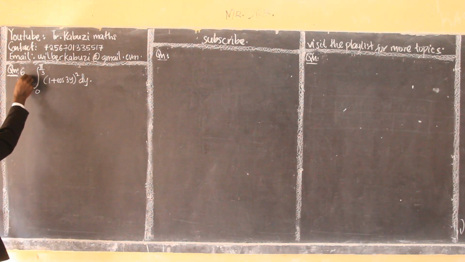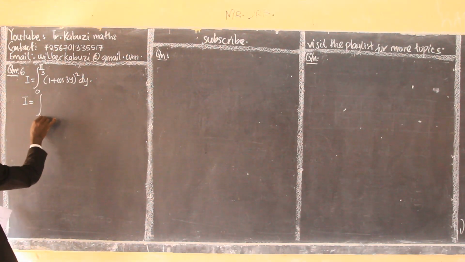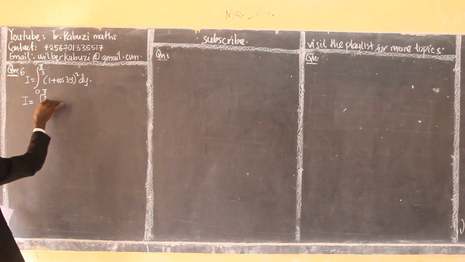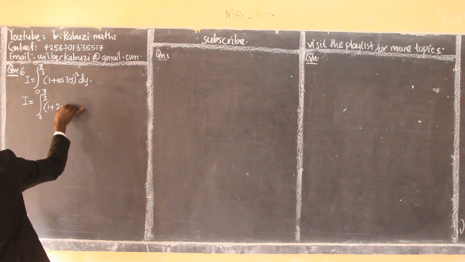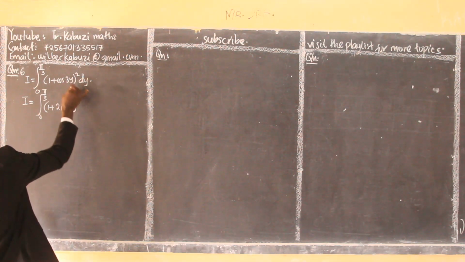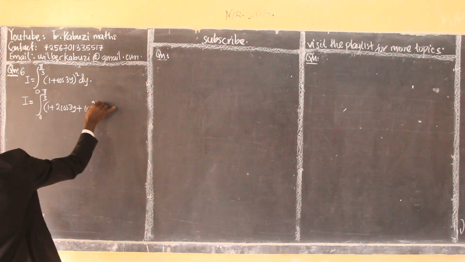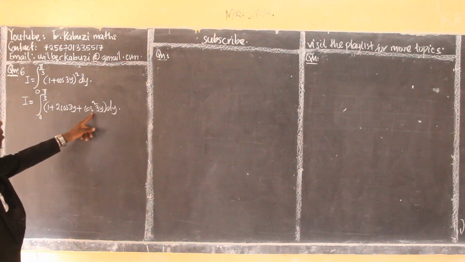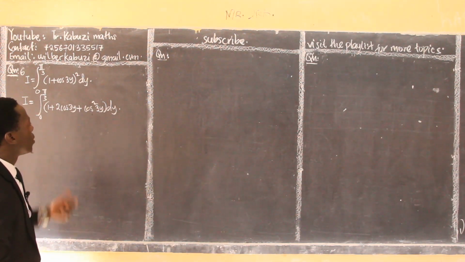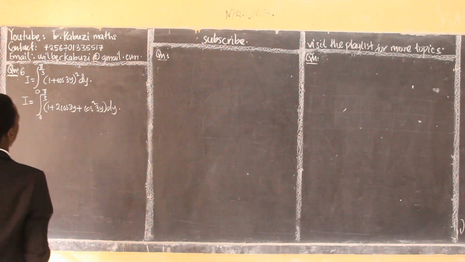So if I let this one be my I, I'm going to have my integral from 0 to pi over 3 of, when you expand this, we have, then plus cos squared 3y dy. Here we know that whenever we have an even power of cos, we use the double angle substitution for cos.